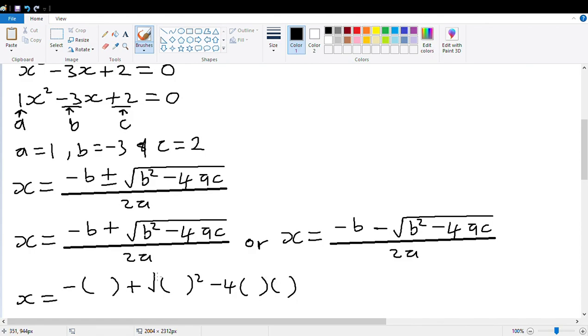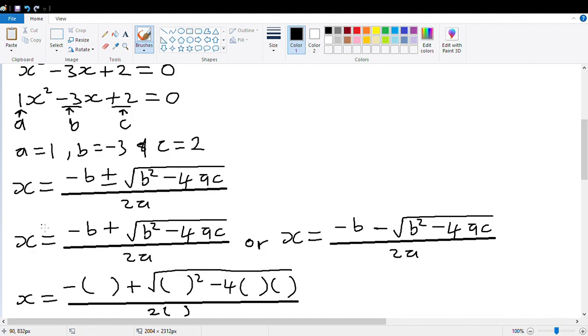So sometimes it's best for you to put brackets and substitute after, since it makes your work easier. Because when it comes to substituting, learners or students tend to make mistakes.